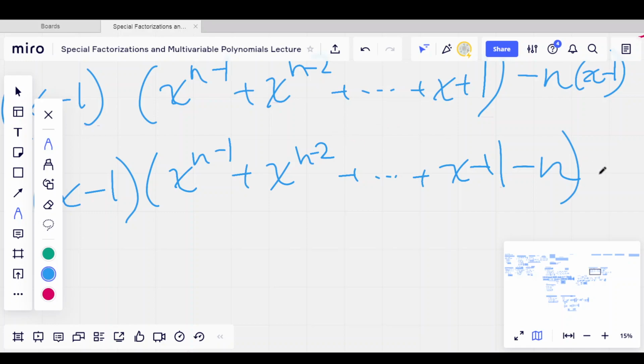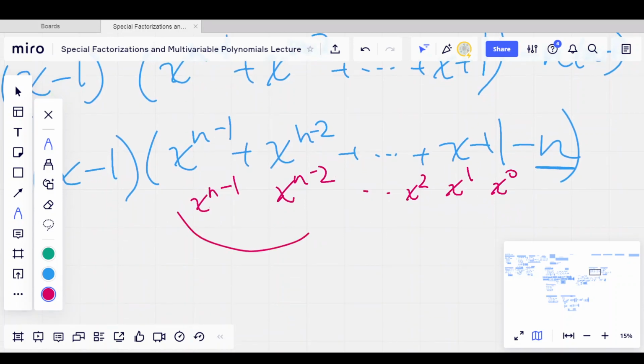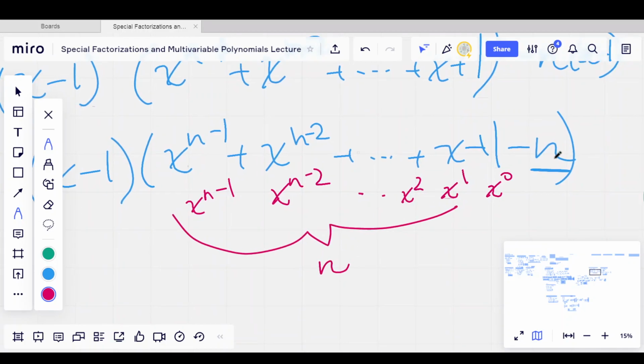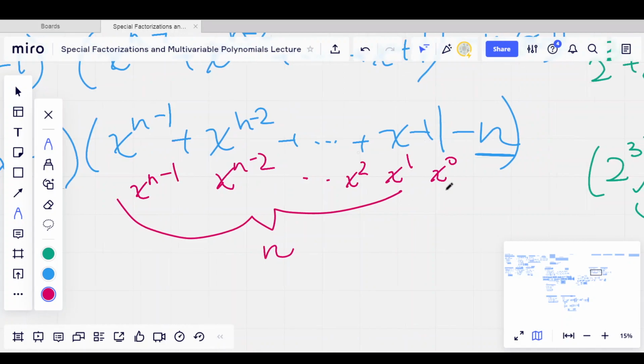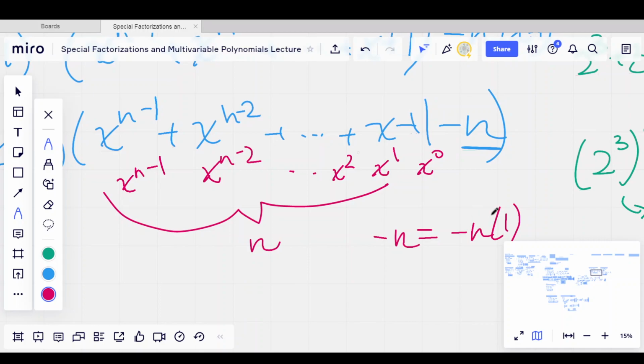So the manipulation about this n: just notice that there are n terms here, right? We write this as x to the 0, x to the 1, x squared, all the way to x to the n minus 2 and x to the n minus 1. And you see, if we increment everything by 1, there are n terms here. So in fact, we can distribute a 1 to each of these terms, because minus n is just minus n times 1. There are just n ones here, okay?